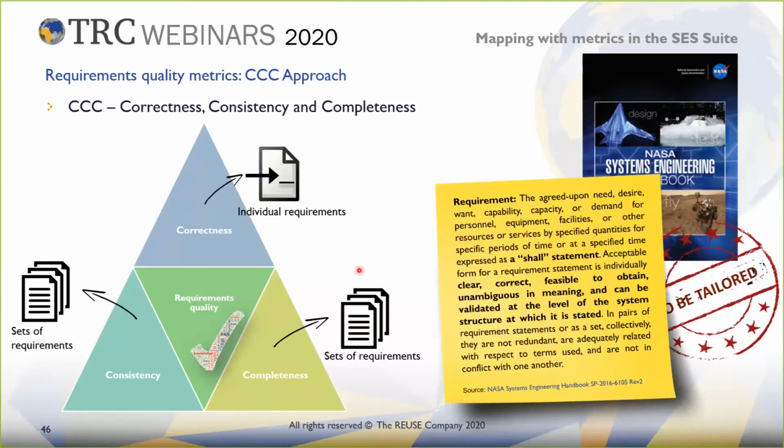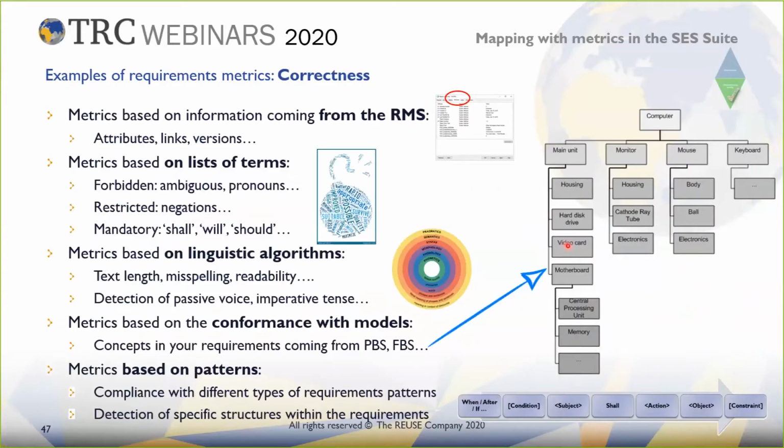So for NASA, a requirement is a shall statement and should be clear, correct, feasible to obtain, unambiguous in meaning, and can be verified and validated at the level of the system structure at which it's stated. So this is the concept from the NASA Handbook, and those are our types of metrics.